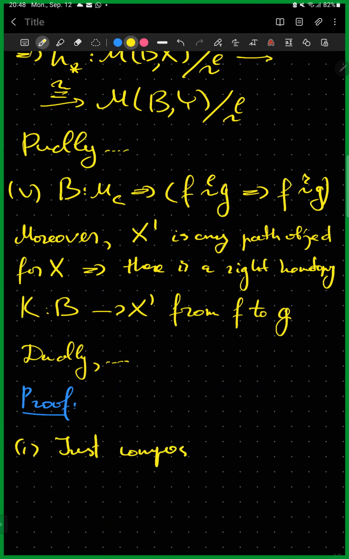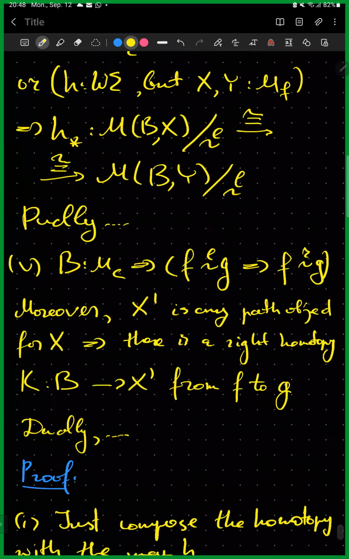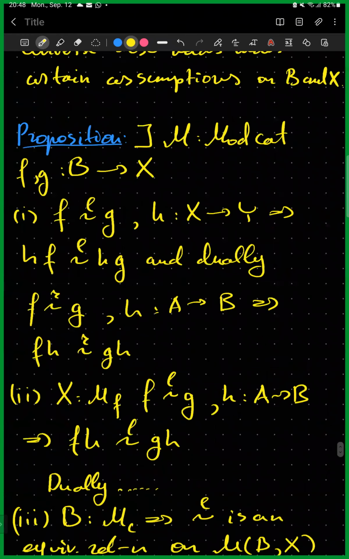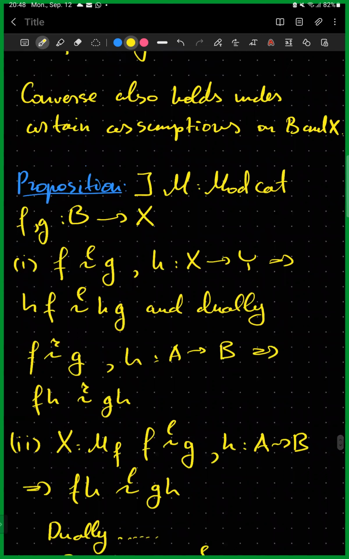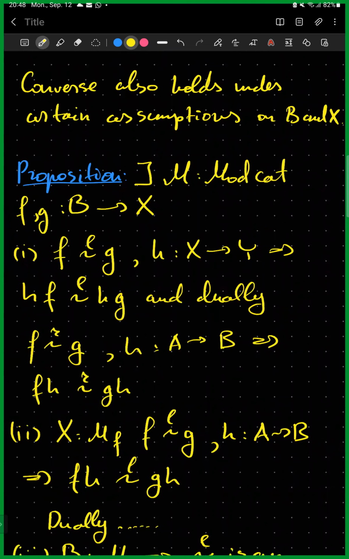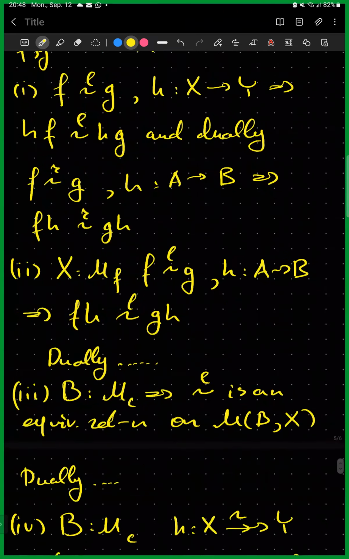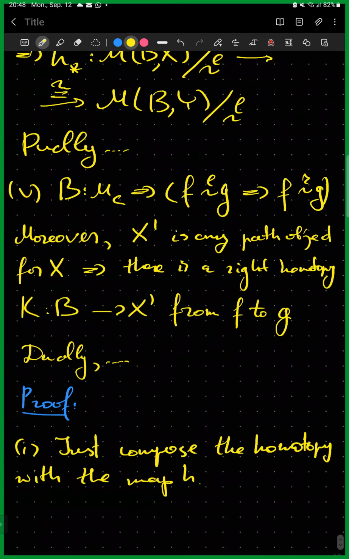So we just need to compose the homotopy with the map H. And we will obtain the desired homotopy between compositions. So here it is quite straightforward. Okay, so let's move on to the second part.